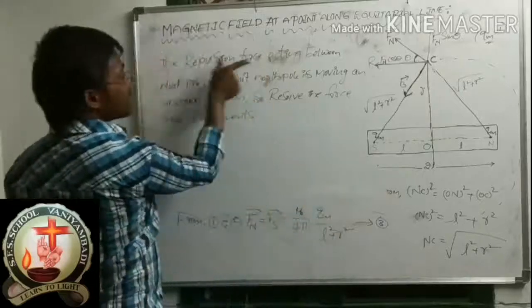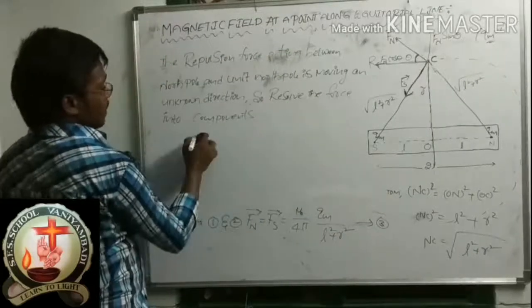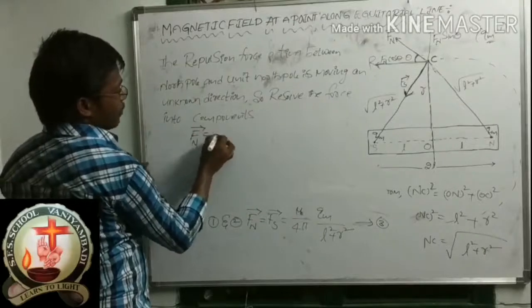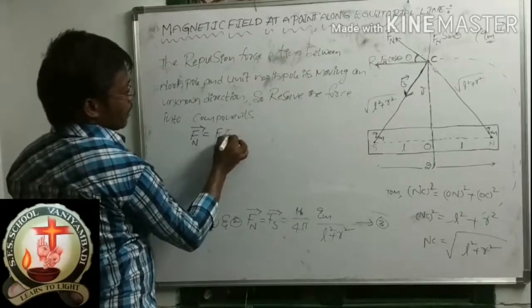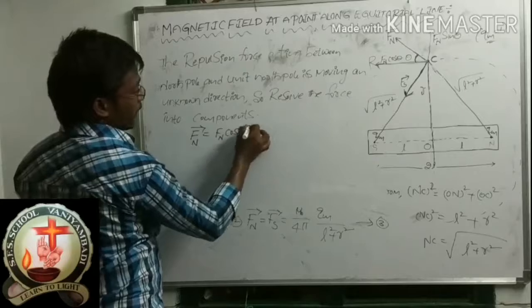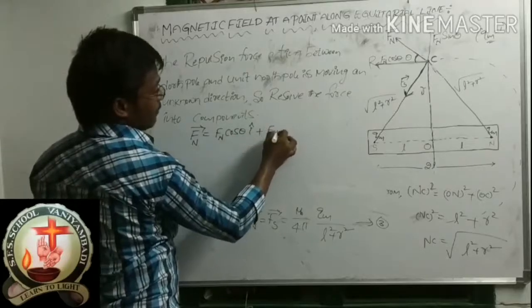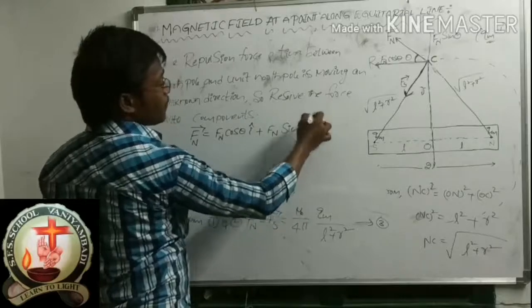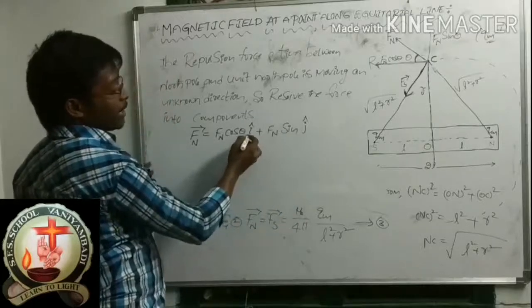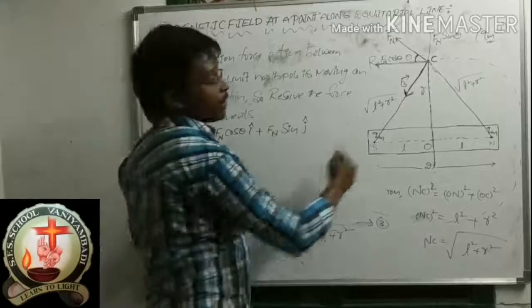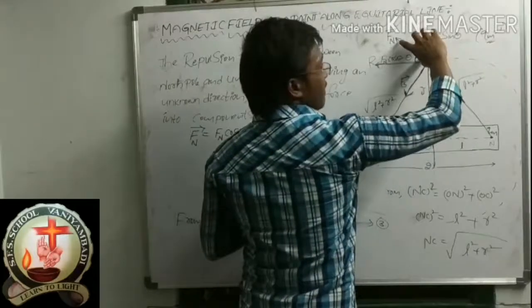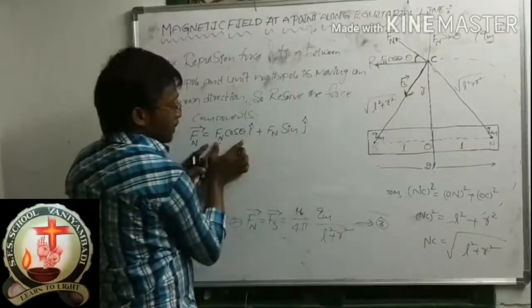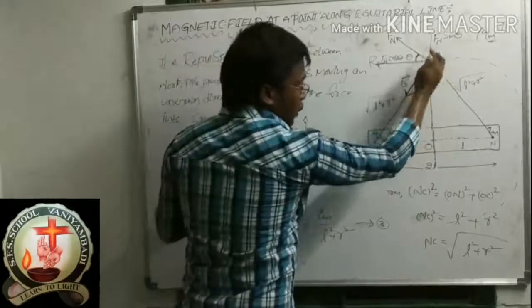So what is the repulsive force acting here? Fn bar is equal to Fn cos theta I cap plus Fn sin theta j cap. Here, sin I cap, cos I cap, minus I cap. This is the midpoint.